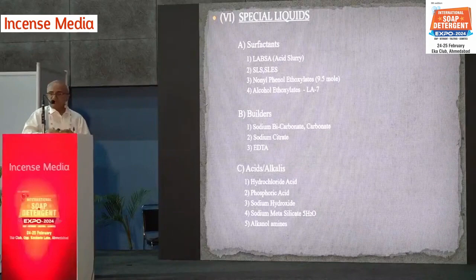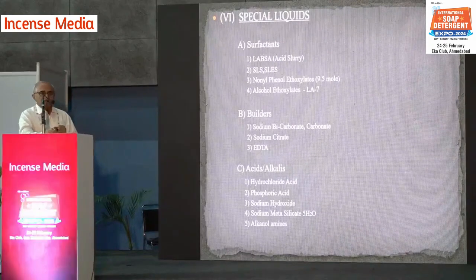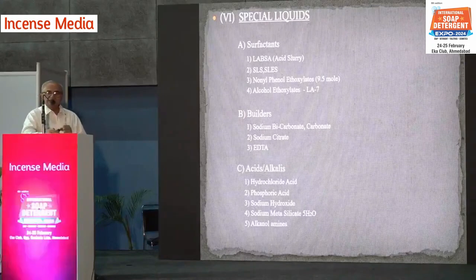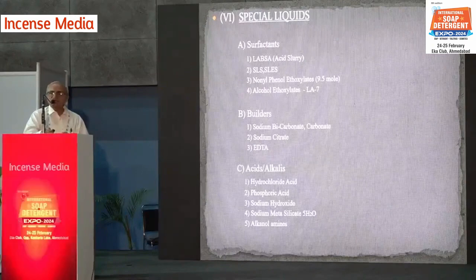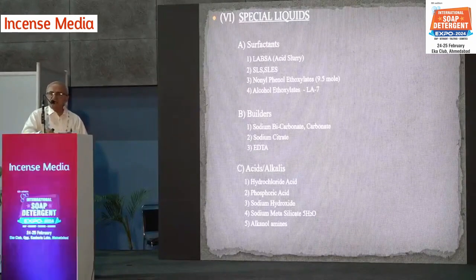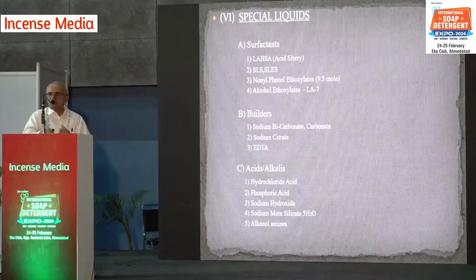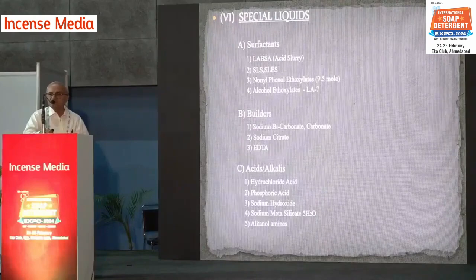In the special category, there are many liquids. Previously, what was the case? Only one liquid was used for every use. One liquid for dishwash, fabric wash, floor wash, everything. But nowadays, for specific purposes, specific detergents are available.